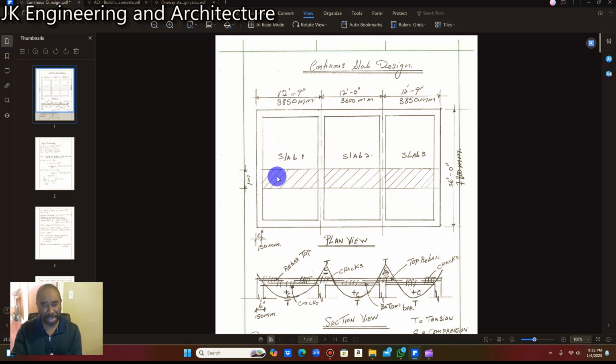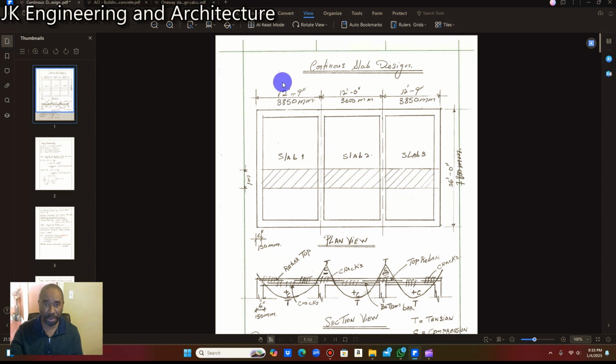Since the slabs basically are the same dimension, we can design for just one, or we can design all three together. All right, and I think in this calculation, I have done the calculation for all three slabs into one, since the length of the slab is different.